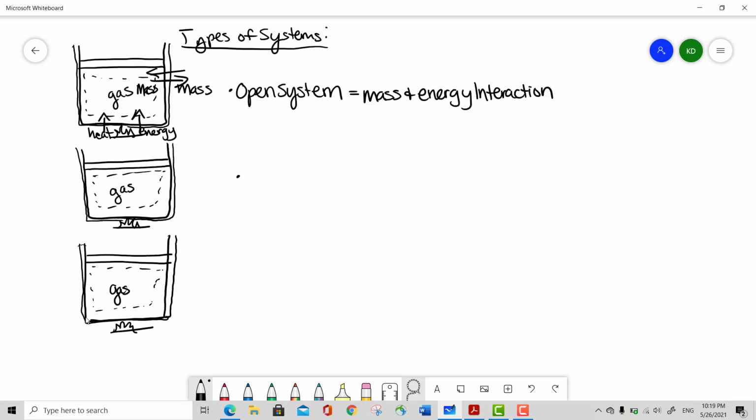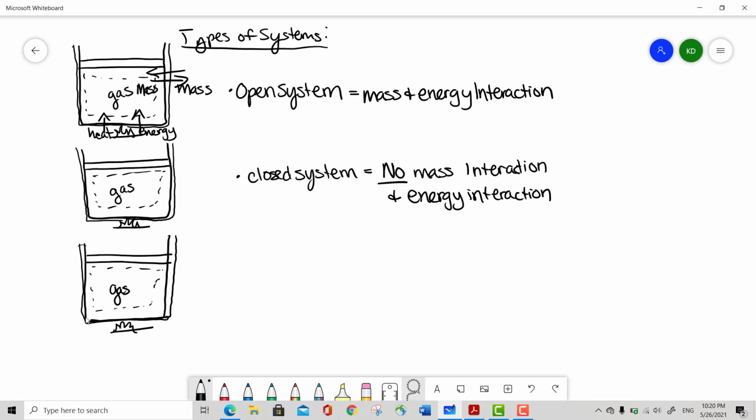When you have a closed system, we have no mass interaction and energy interaction.